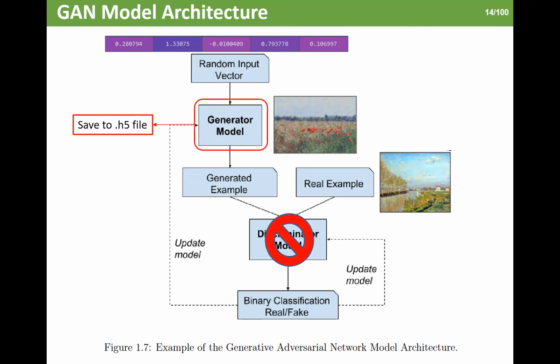You only need the generator, that is what you're interested in. So you save that to an H5 file, and then you can use that to generate random Monet paintings. That is basically how it works.